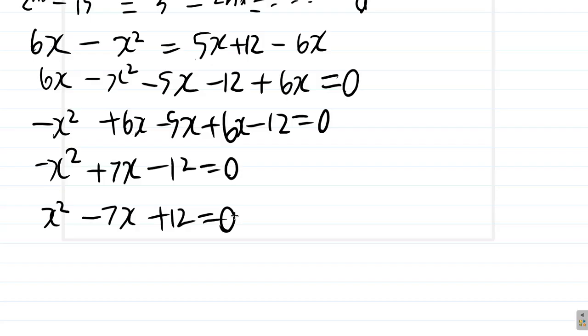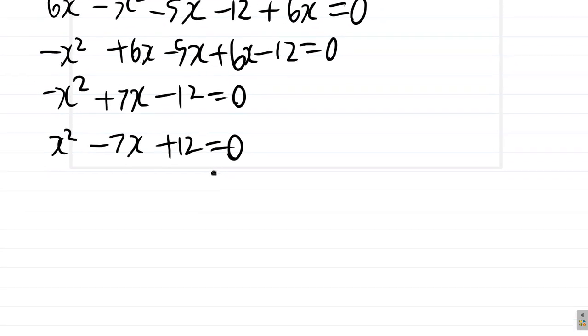Now, I think you would be able to factorize this, right? Using -4 and -3. Once you've been practicing your factorization regularly, you can see that it can be factorized.